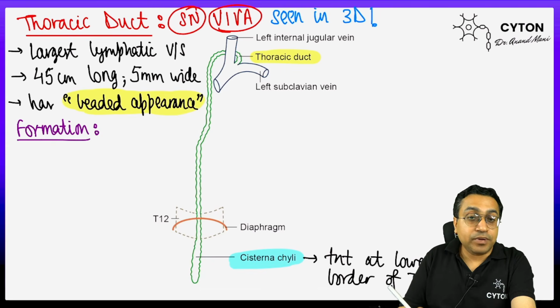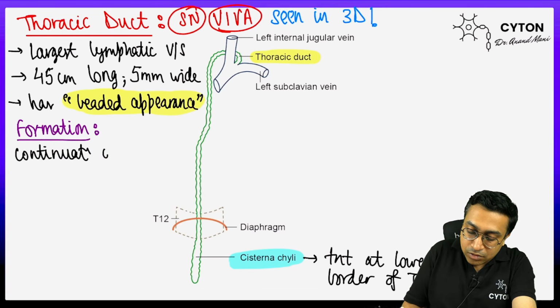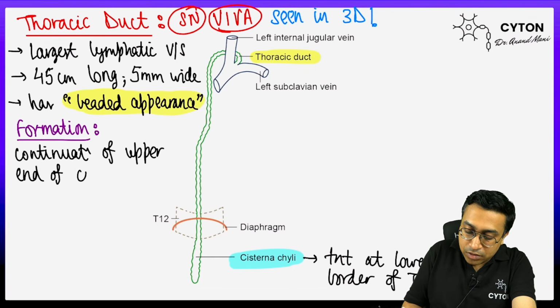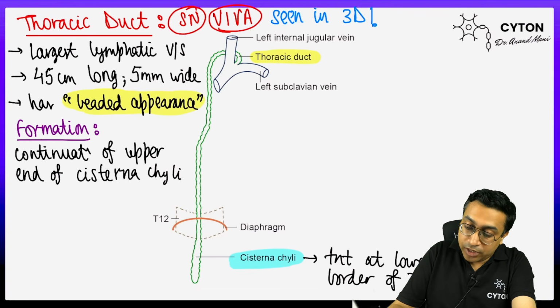So it begins as the continuation of the upper end of cisterna chyli. Okay, then termination, I will show you in 3D, don't worry.